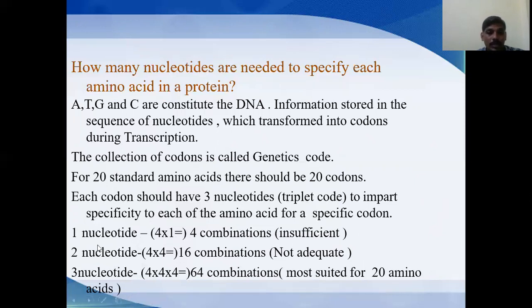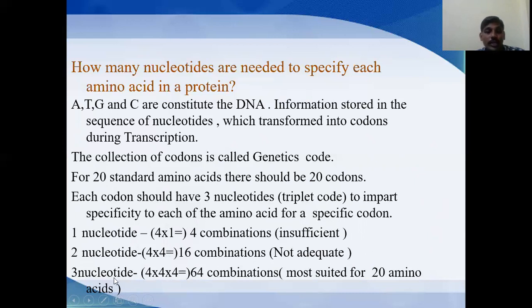But some geneticists took 2 nucleotides as 1 unit. So 4 into 4. For example, guanine combines with A, GA, GC, GT, GG. Like this, 16 combinations are formed. These 16 combinations are also not adequate for 20 amino acids.